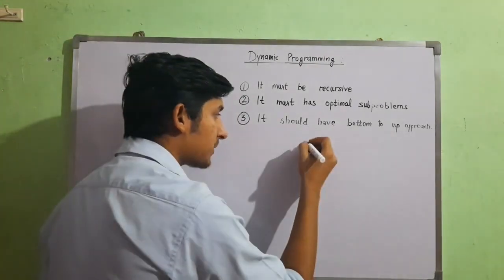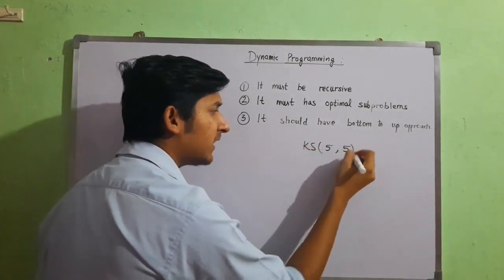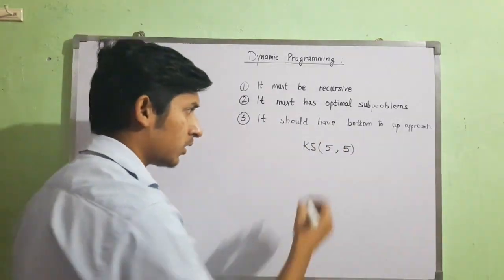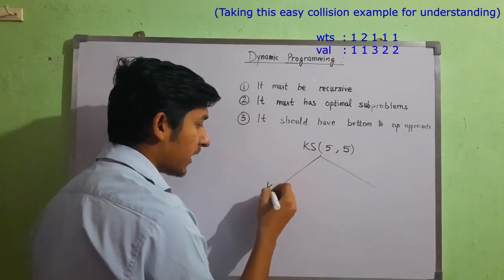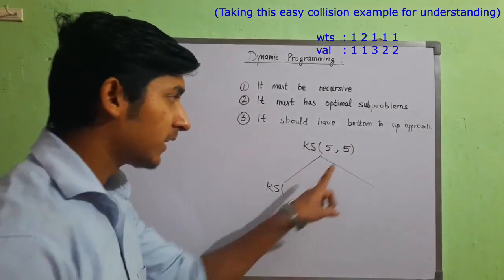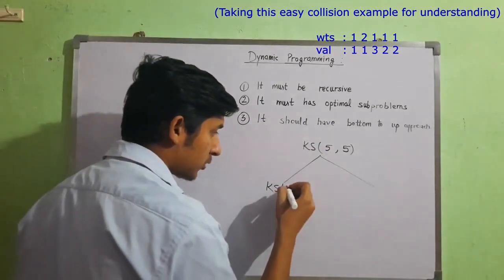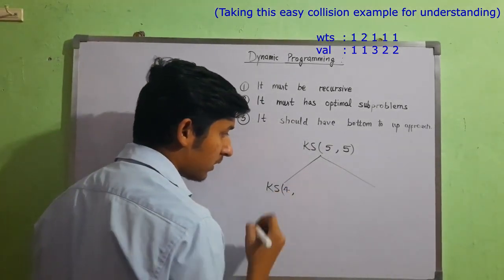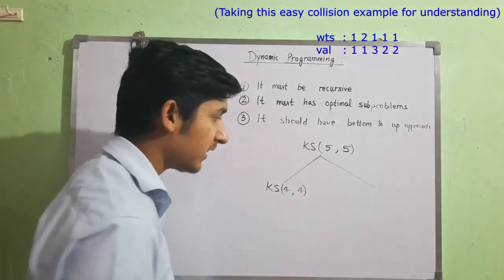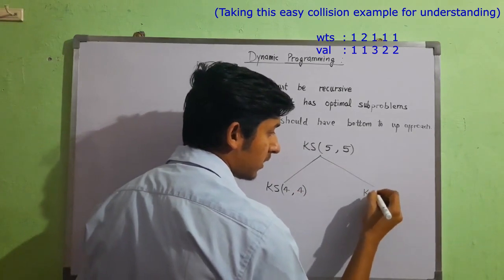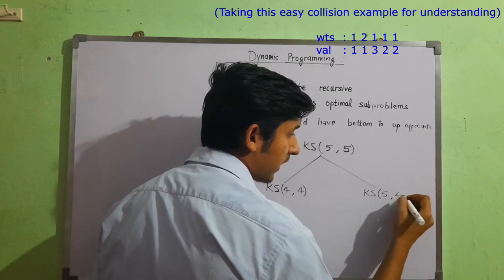Suppose the knapsack function is there, and it has 5 capacity and 5 articles. So there are two cases. There might be the article at the last selected, so capacity reduces and choices reduce. But there is a possibility that we do not select that article, so capacity stays the same and choices reduce.